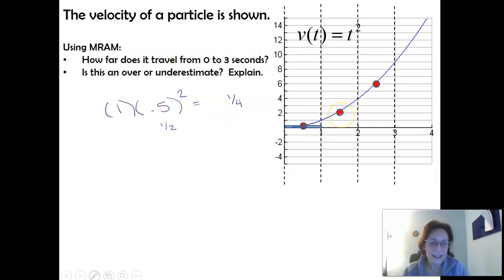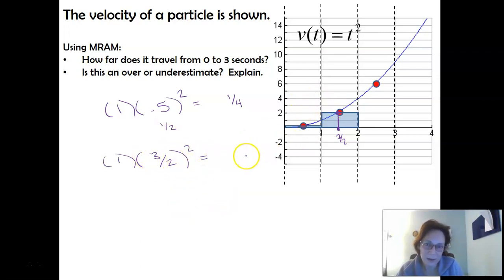All right, my second rectangle still has a width of 1, but since it's MRAM, I'm lined up in the middle. This point right here is 1.5, also known as 3/2. I'm keeping it as fractions because the fractions are easy to square. So I have 3/2 now, which is 1.5, and I'm going to square that, which means this rectangle has an area of 9/4.